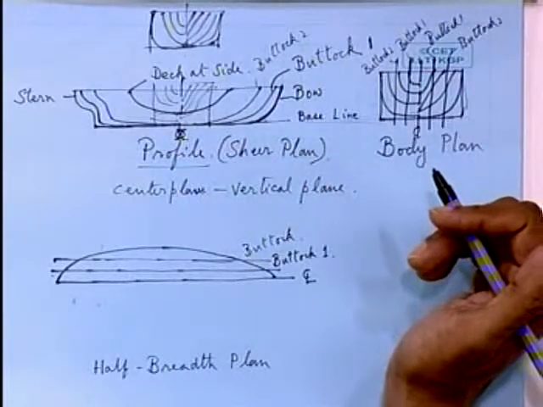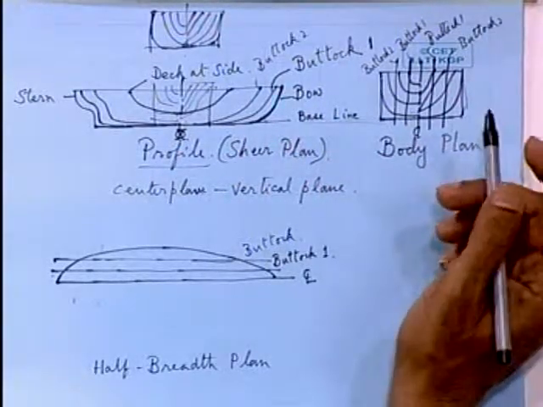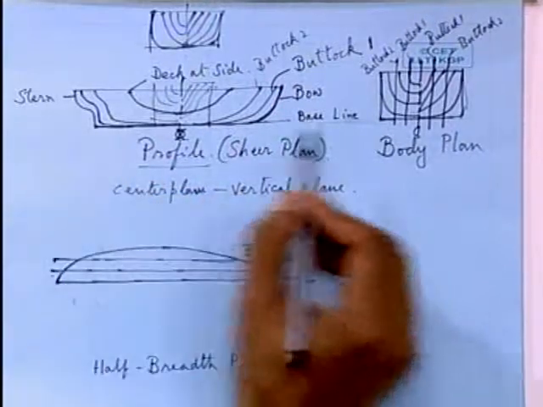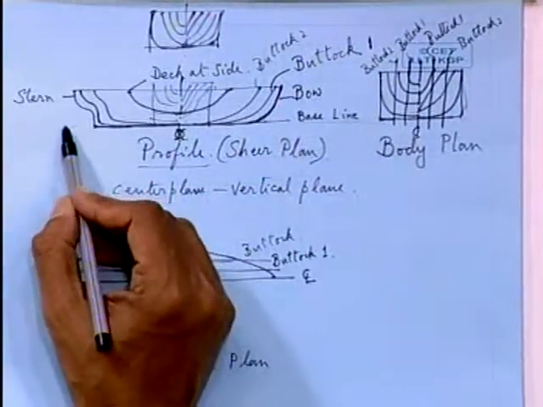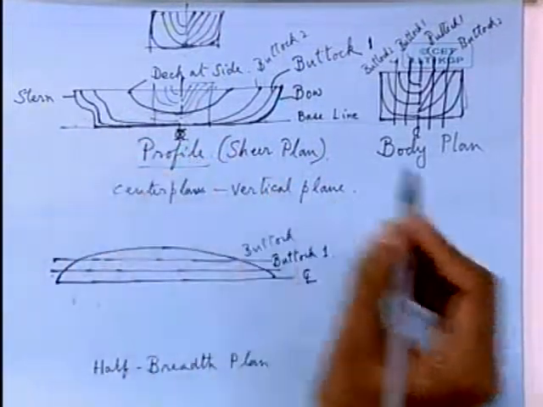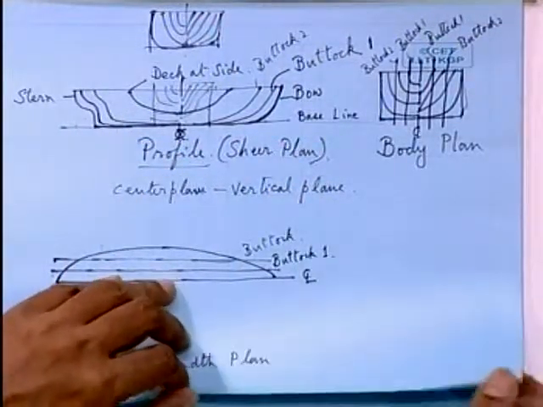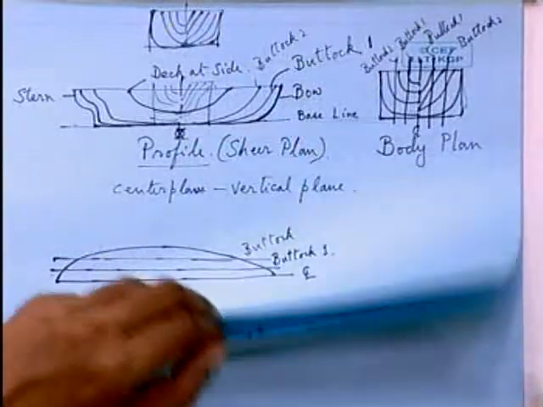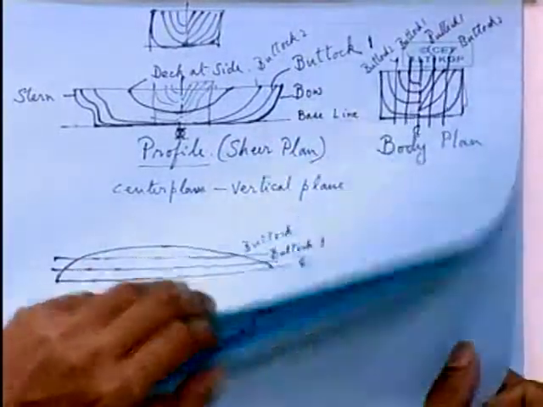Now, here if you want to draw the lines plan, you should draw first the molded baseline, which I have explained, but there are other lines which you have to draw, which are called water lines, in order to clearly define the ship.